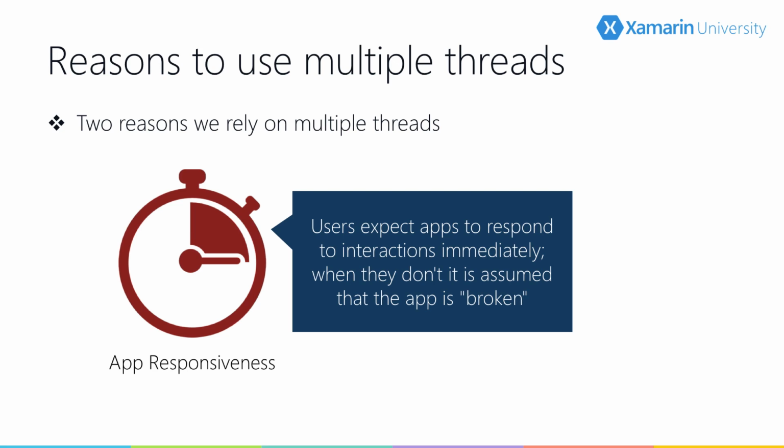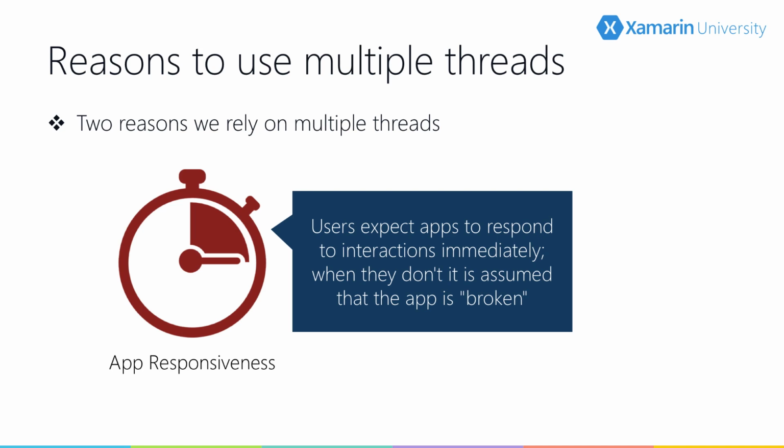So if your application blocks that main thread by using it a lot, maybe you're busy calculating some complex mathematical thing, or you're trying to draw some complicated graphic, then you block that main or UI thread and it doesn't have time to do other things. And the result will be that the app is no longer responsive. So I want to avoid that.